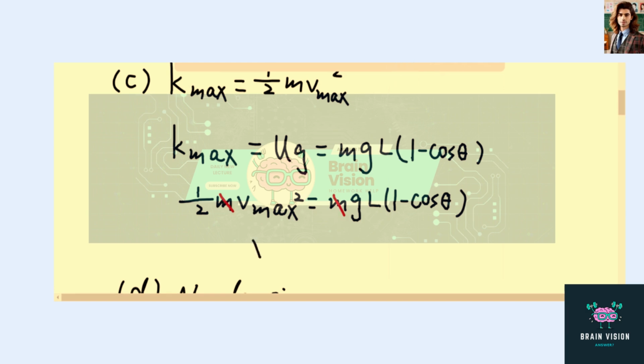So eventually v max is equal to the square root of 2gL times 1 minus cosine theta.